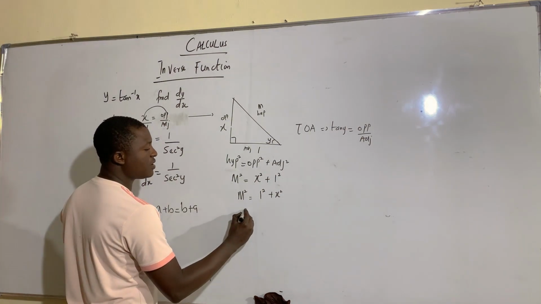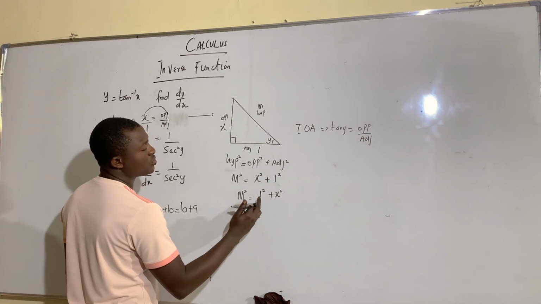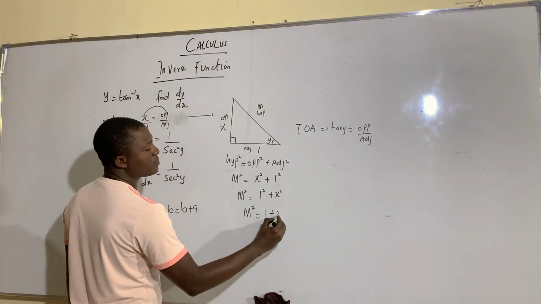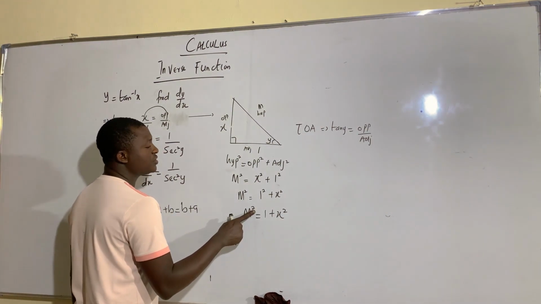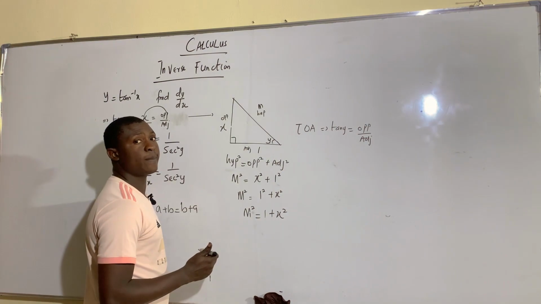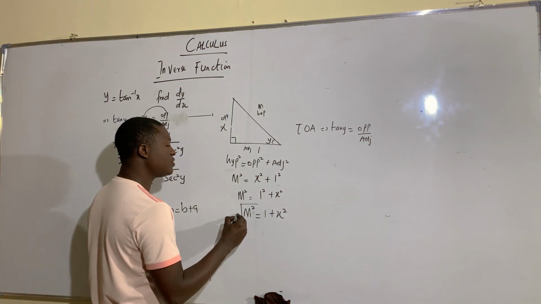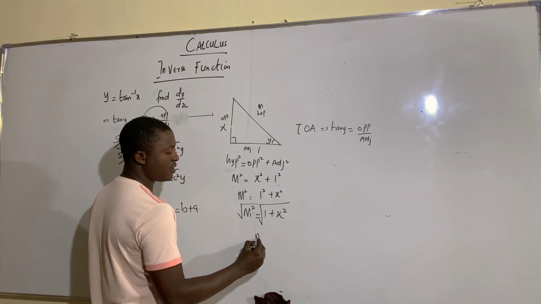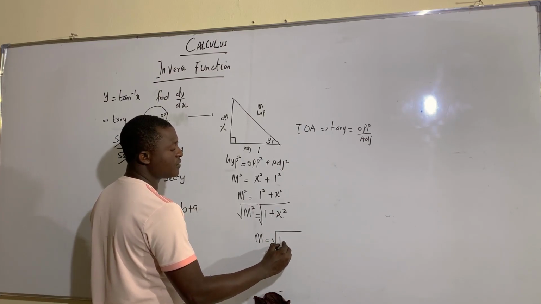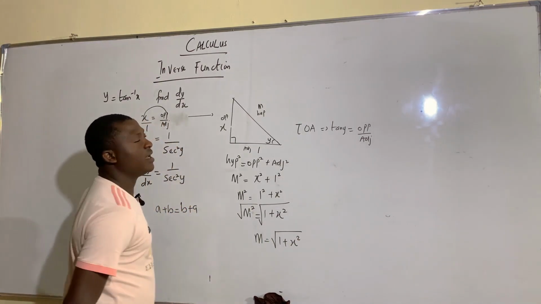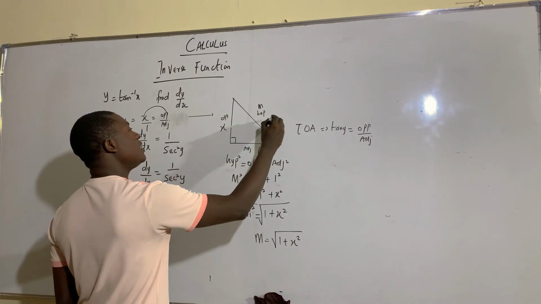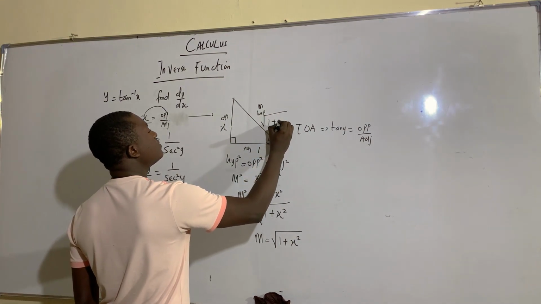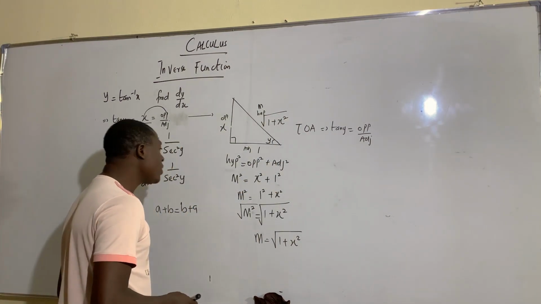So m squared is equal to 1 plus x squared. What can we use to cancel the square? We use square root. So m is equal to the square root of 1 plus x squared. So we can go here and substitute what we have for m: the square root of 1 plus x squared.